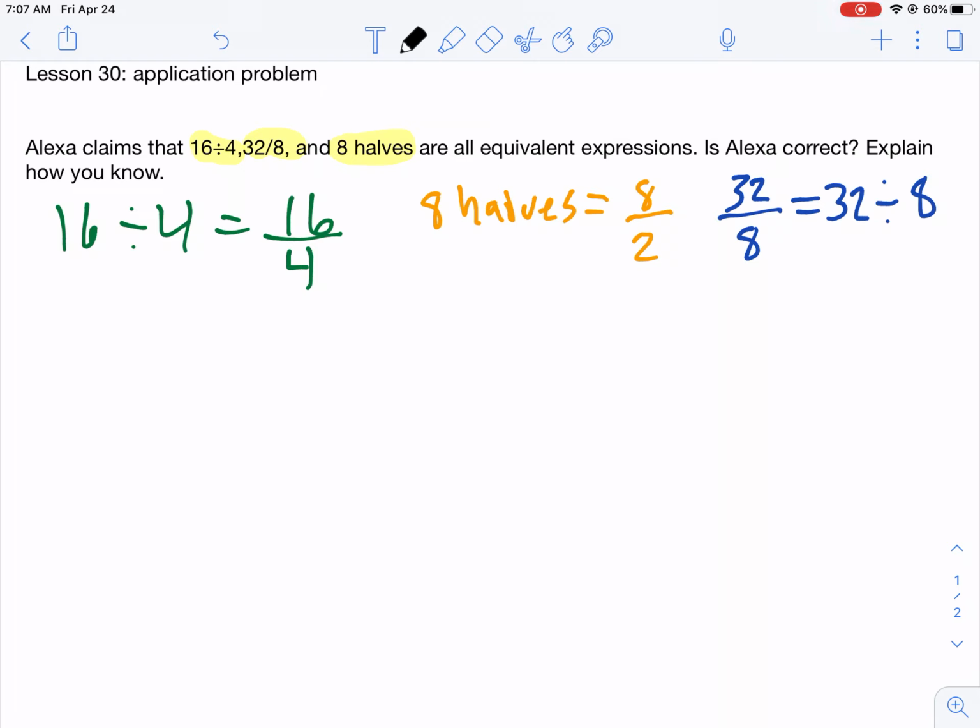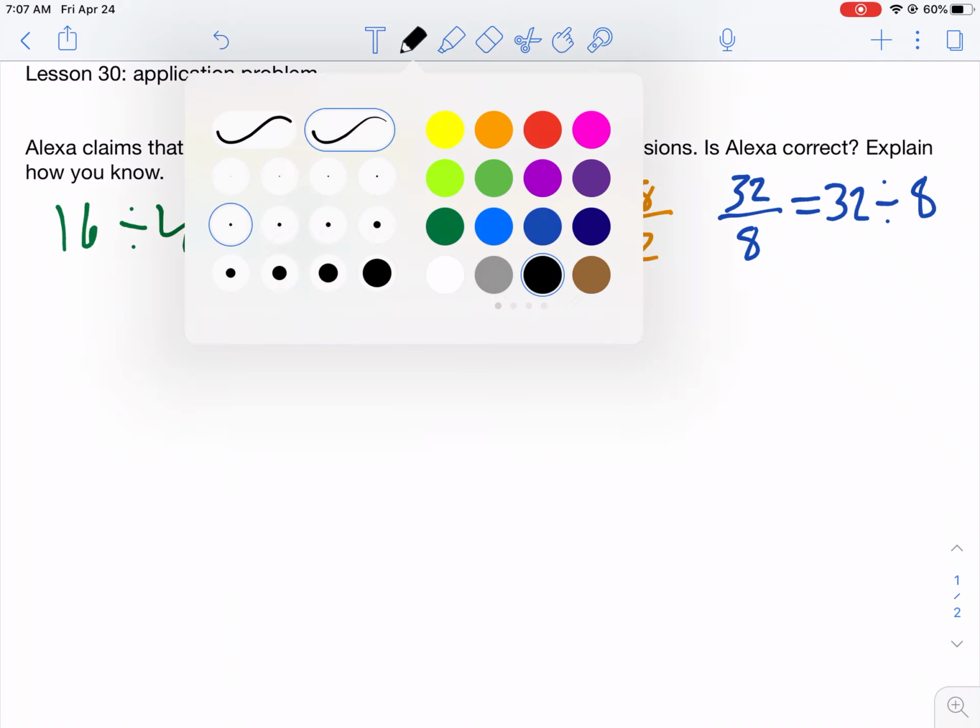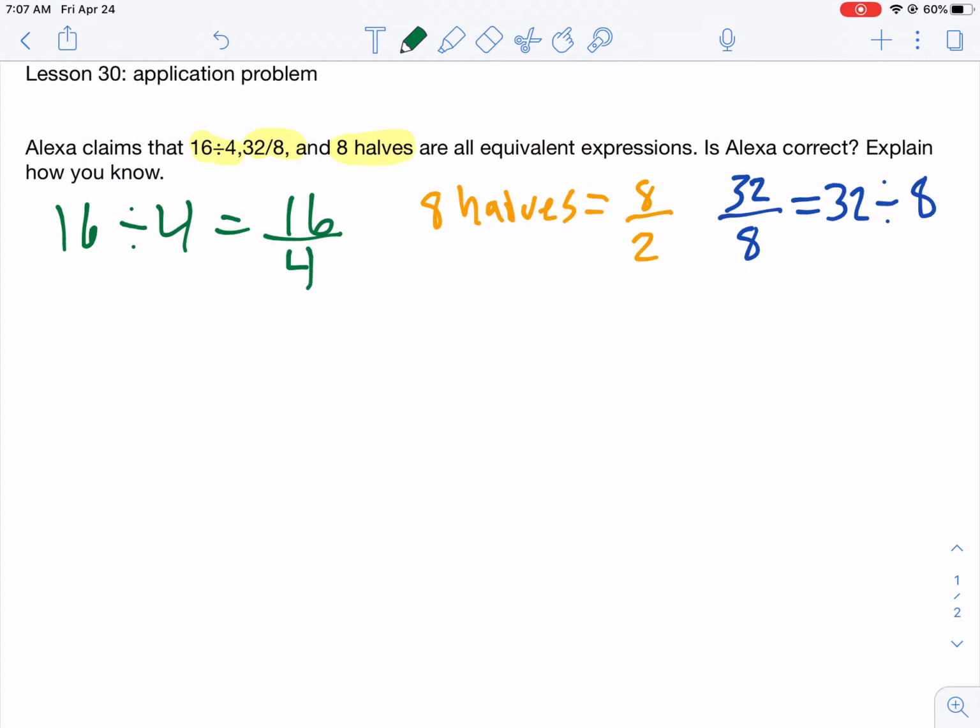Okay, let's start with 16 over 4. I'm going to turn it green. Okay, 8, 16, 4, 2, and 32 all have something in common. What do they have in common? What do these numbers have in common?